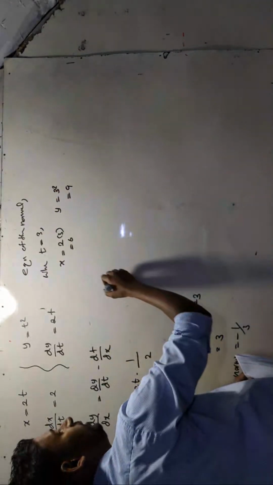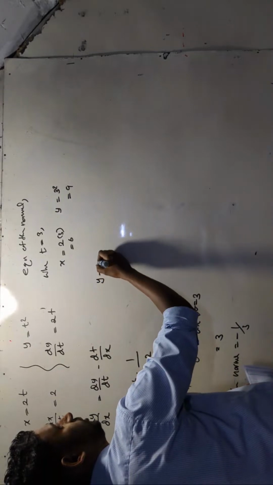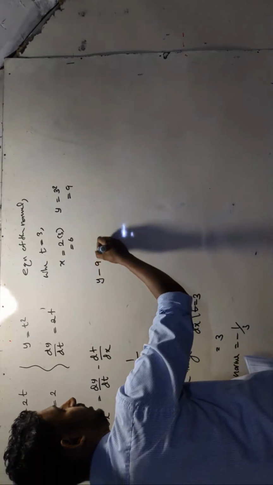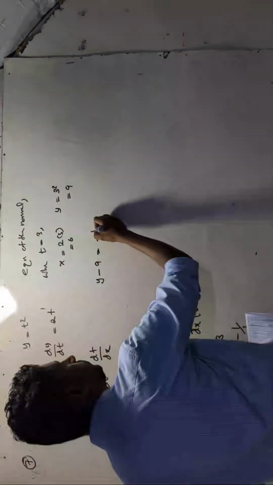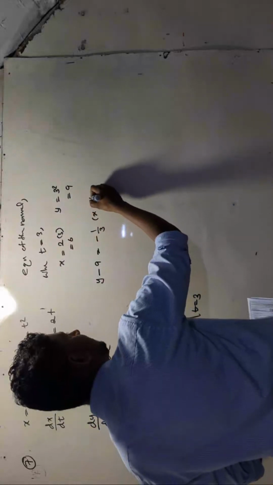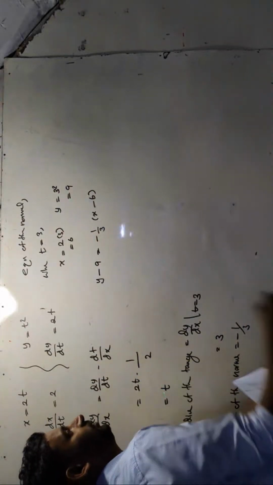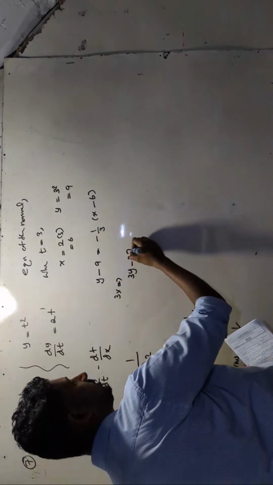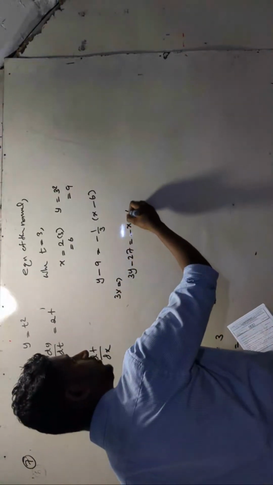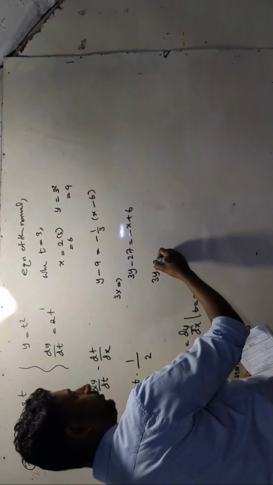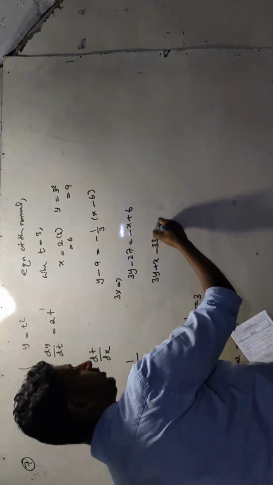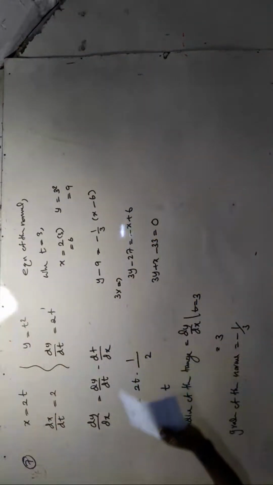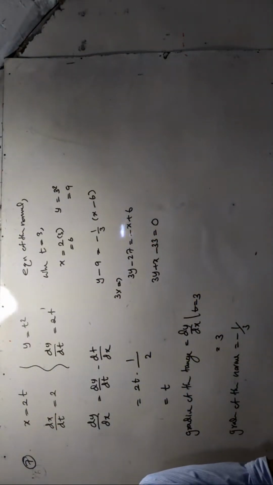So now I can write down the equation. y minus y naught, that means 9, is equal to the gradient, minus 1/3, into x minus x naught, that will be 6. So I'm going to multiply it by 3. So 3y minus 27 equals minus x plus 6. So 3y plus x minus 33 is equal to 0. This is the equation of the normal.